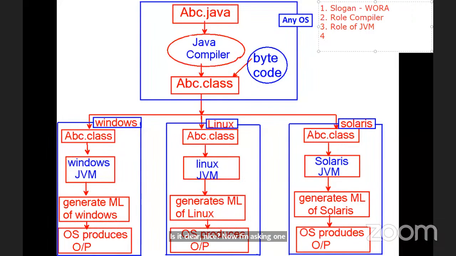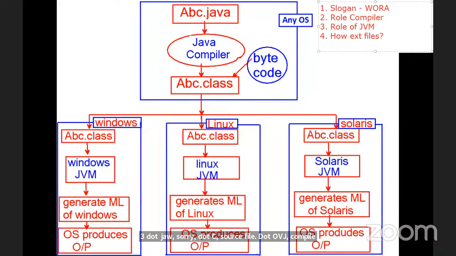Now I'm asking one next question, a very interesting question. Let's see how many people can answer. How many extension files are there in Java? In C language, yesterday we have seen how many extension files? Three: .c source file, .obj compiled file, .exe executable file.